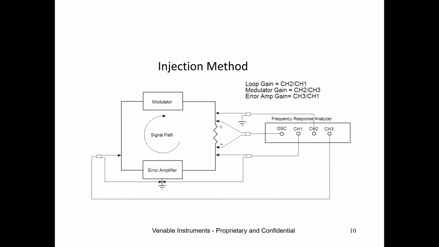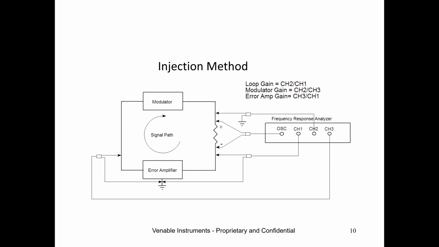Yeah, right here. So once you get the injection point, you can measure whatever you want. So if you want to measure the entire feedback loop, or you just want to measure either the power stage or the modulator or the error amp, it's up to you. You can measure all three if you want.